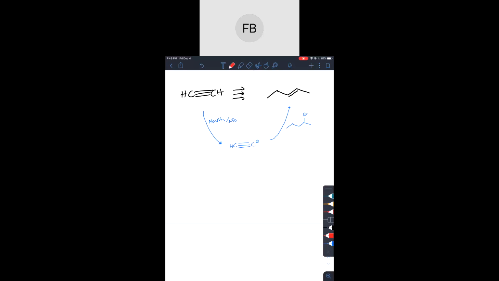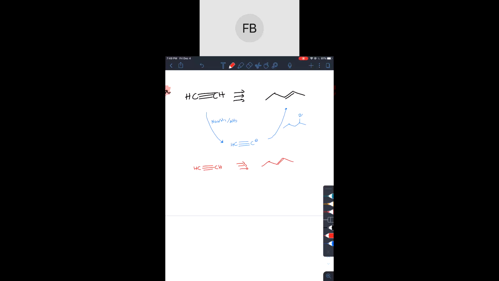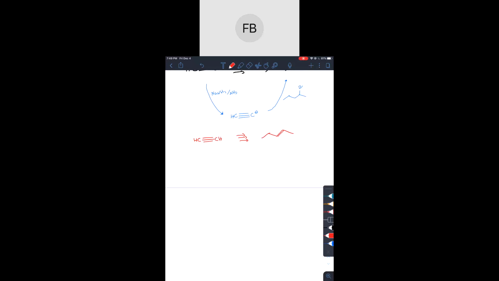Now, the other option is a little bit more complicated, so that's why I prefer the first way. What you could do is you could substitute first. You could look at this and say, well, this is being reduced to, it could have been a triple bond that was being reduced to a double bond.